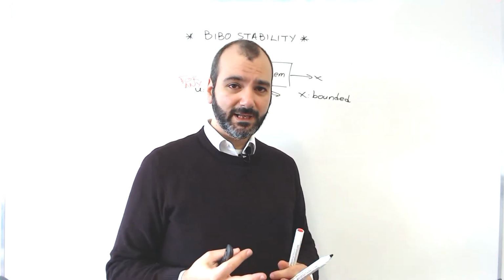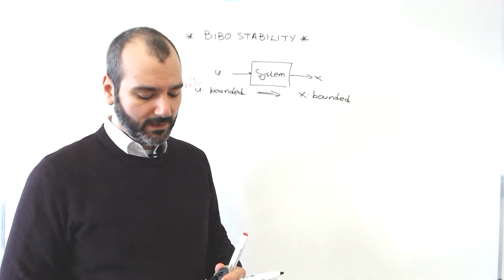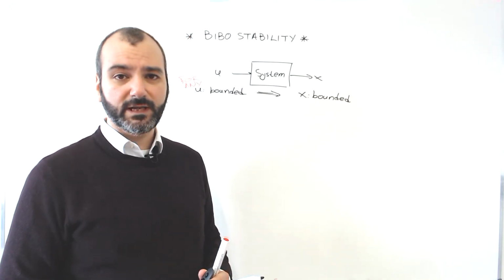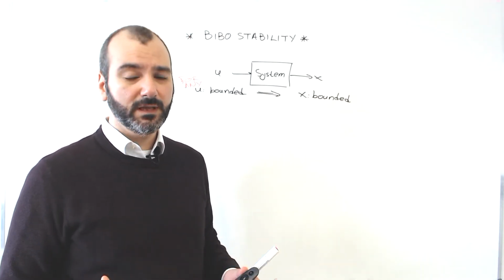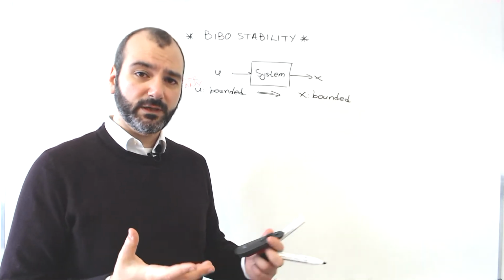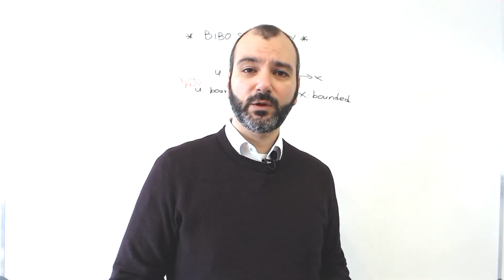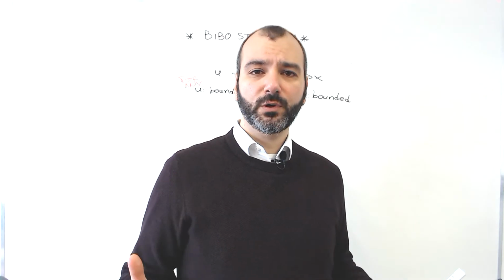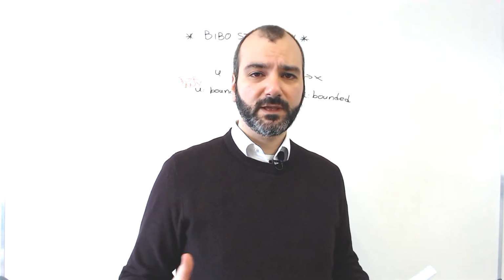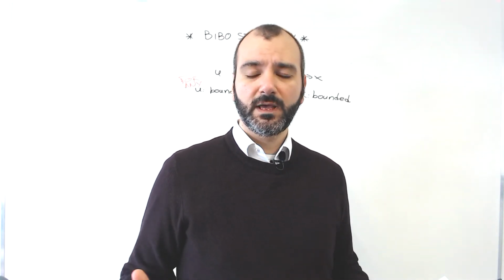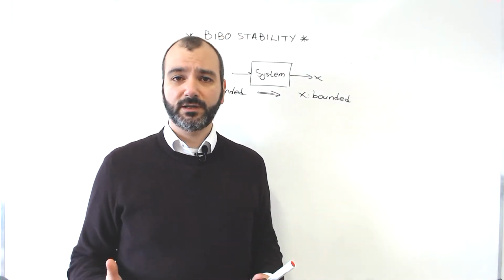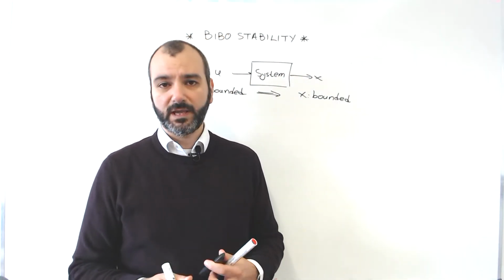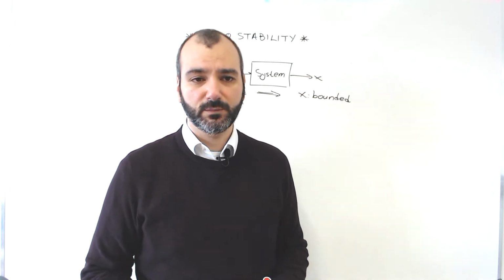And it starts to become clear that the question of whether a dynamical system is stable is not an easy one. Actually, using the definition, we would have to test all possible bounded inputs. And that space of bounded inputs is, trust me, absolutely vast. We wouldn't be able to traverse it in any possible way.